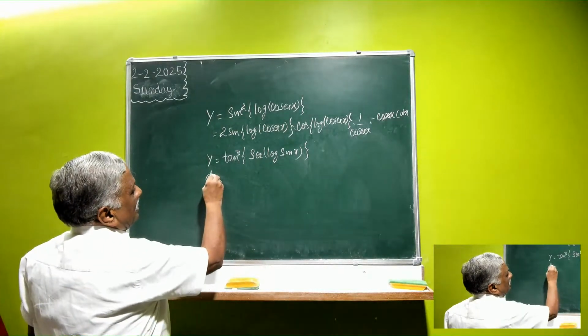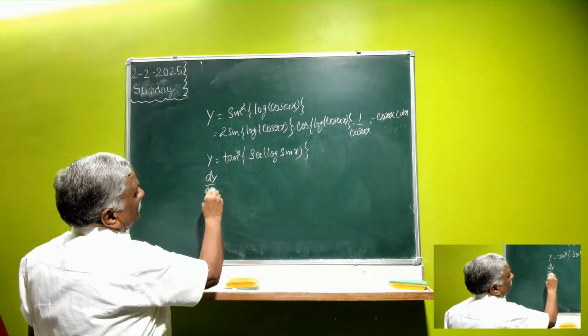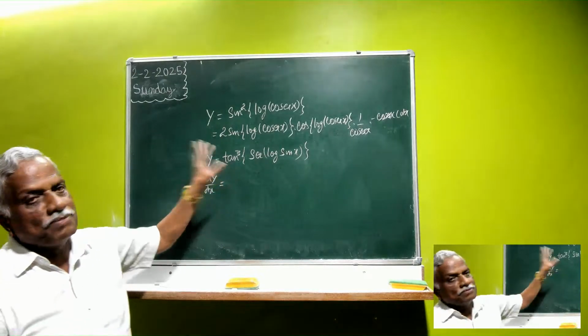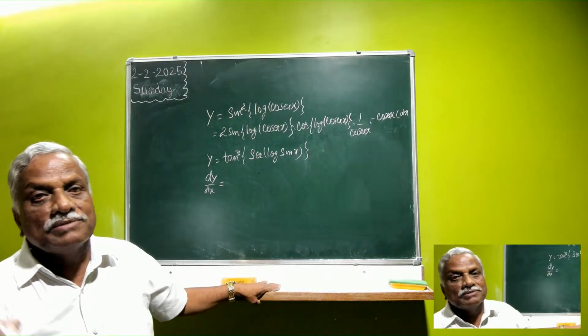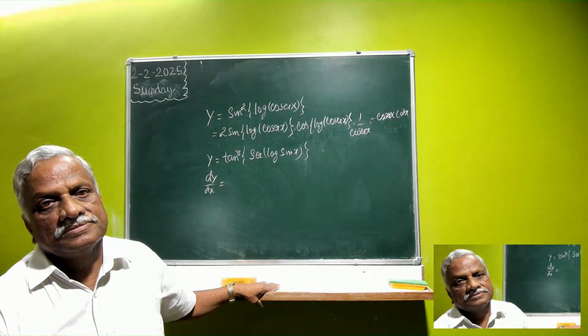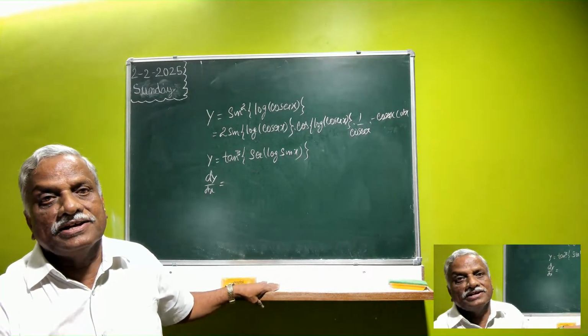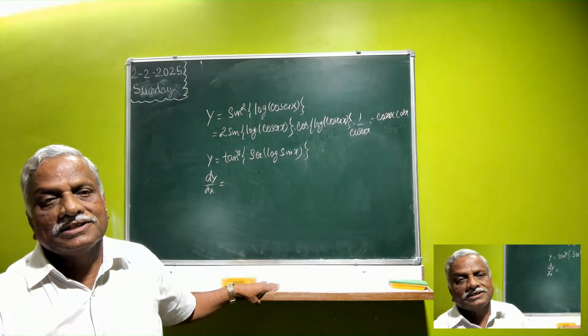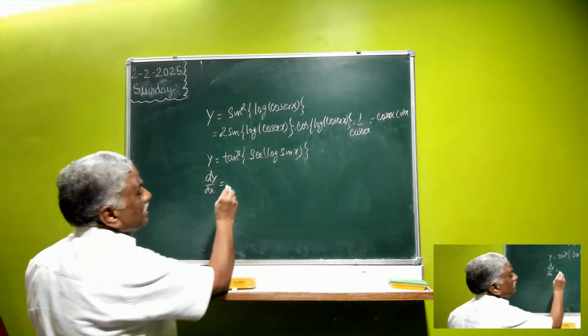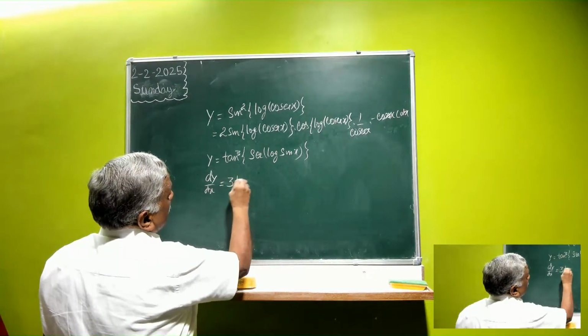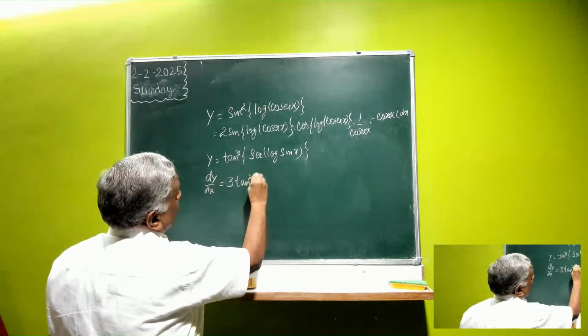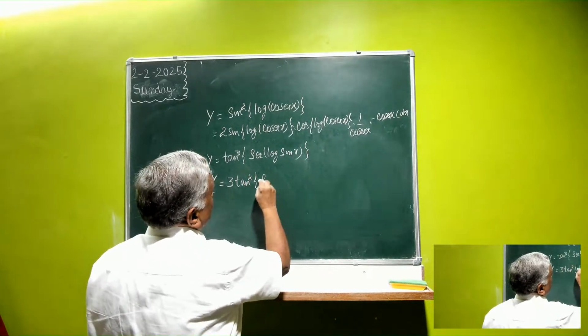So, as I explained earlier, the first obstacle you see is the power. It is something like x cube. N x to the power of n minus 1. X cube is 3 x to the power of 3 minus 1. That is 3x square. So, first write this as 3 tan square. The rest is as it is.